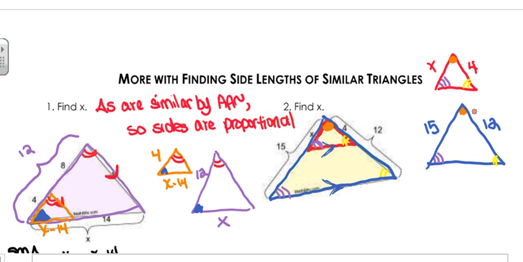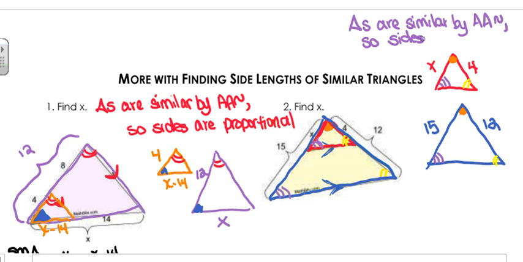So again, I've got those triangles that are similar by angle-angle similarity. And because the triangles are similar by angle-angle similarity, the corresponding sides have to be proportional. So I'm going to go ahead and write a proportion.